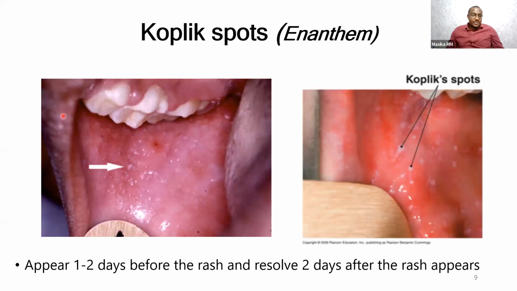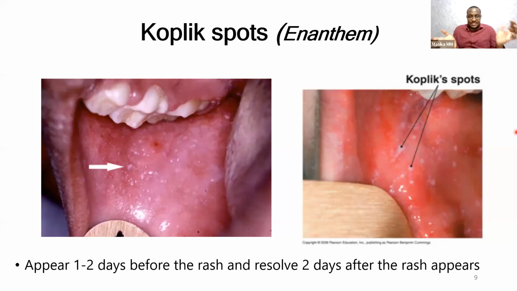You can see here some images of the Koplik spots on the buccal mucosa, and you can see the teeth are not too far. And this person has opened their mouth, of course. The rash usually appears after this, maybe about a day or two after the Koplik spots. So if the child is coming to you with a rash and the rash has lasted 4 or 5 days, you may not see these Koplik spots.